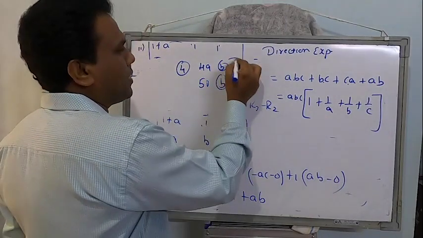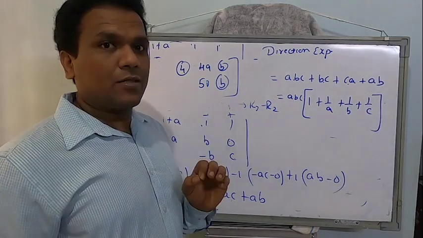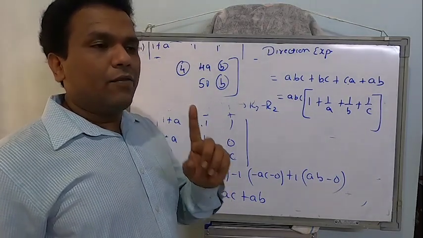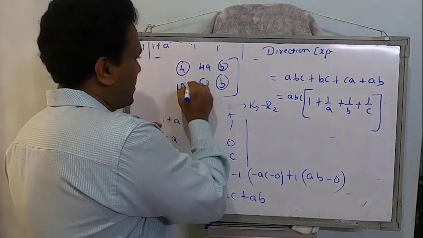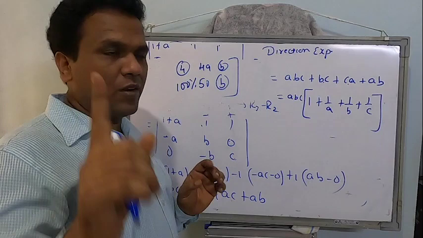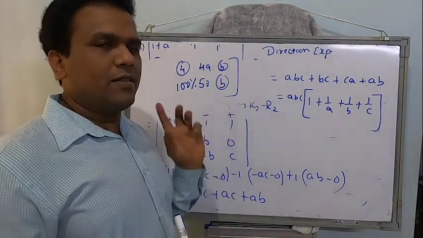So surely whatever I have done in yesterday's class, those problems are very important. Any one problem surely will be given in the examination. Surely means 100%. So please study.